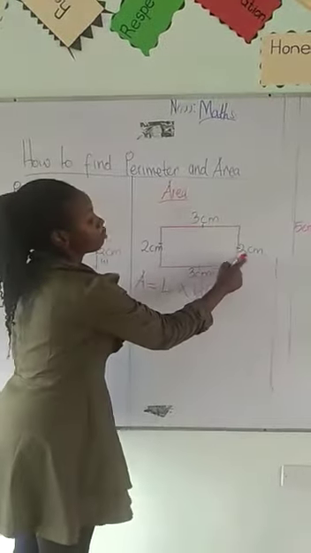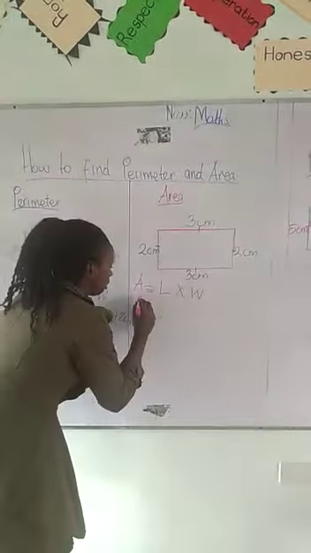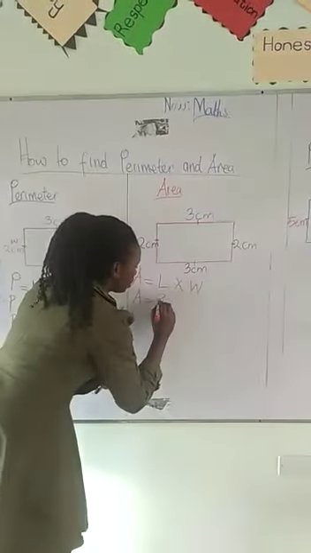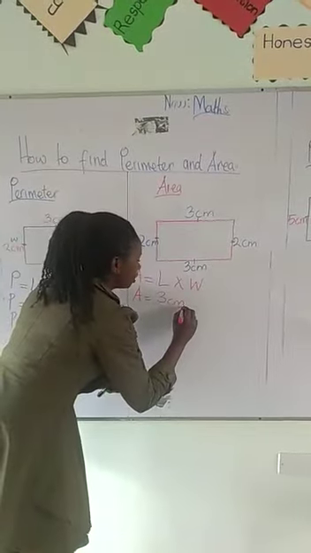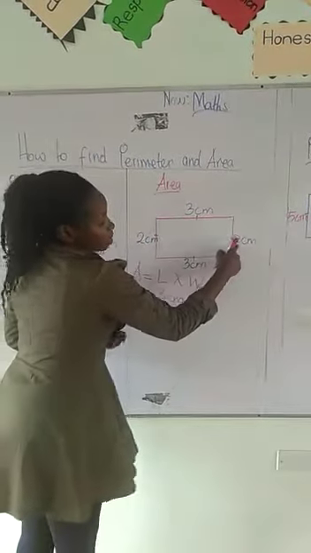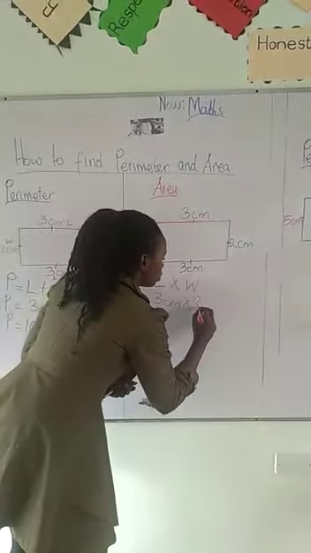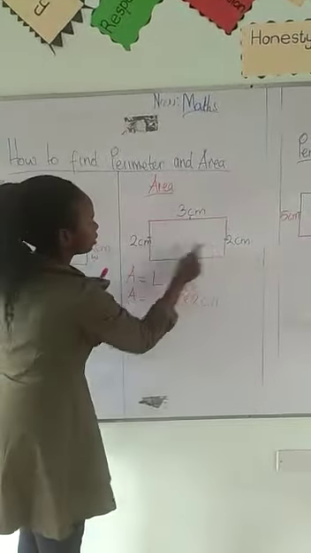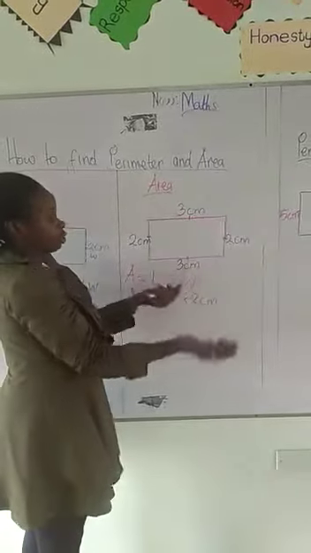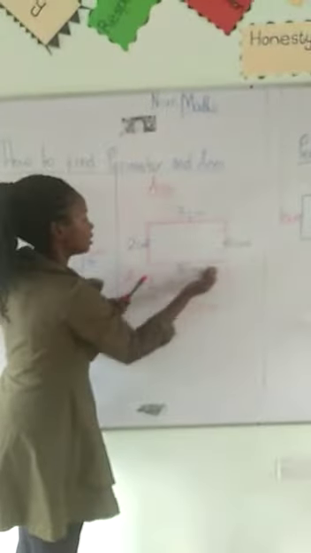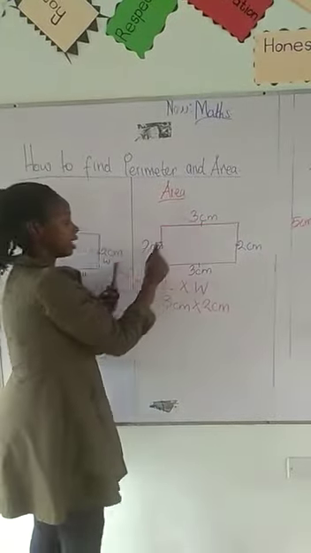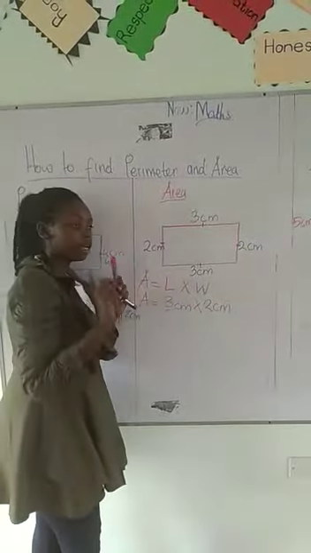Length times the width. My area is length, which is 3 centimeters, times the width, which is 2 centimeters. But ladies and gentlemen, since they are both equal, I can choose to take either this length and this width, or I can take this length and this width, because they are all equal.